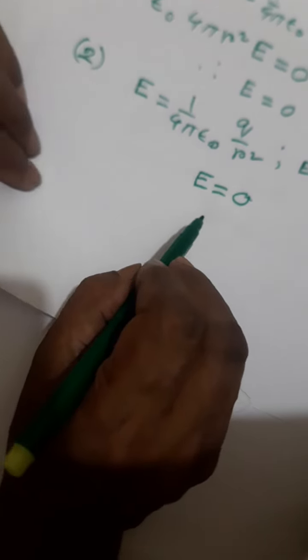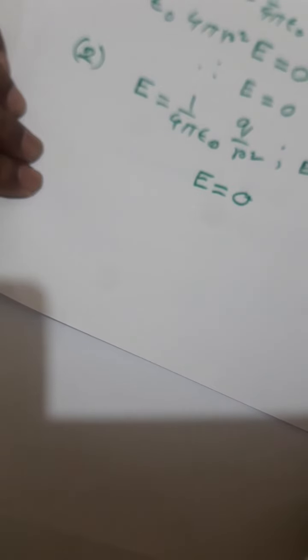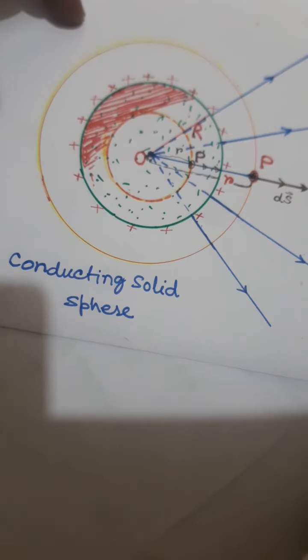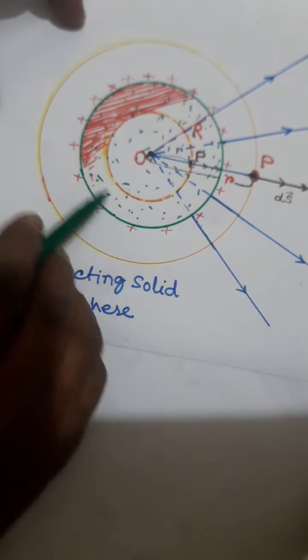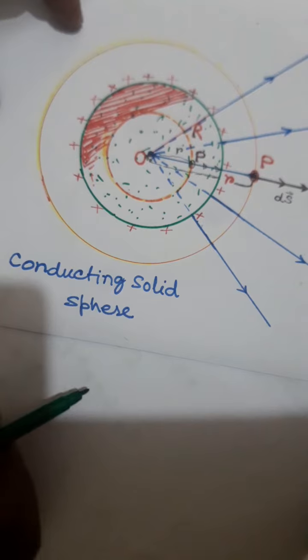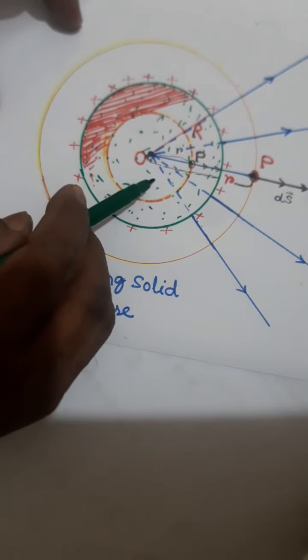It is the same as in the spherical shell. The diagram is also exactly the same. The green color indicates the conducting solid sphere.